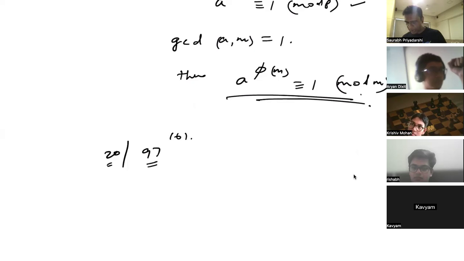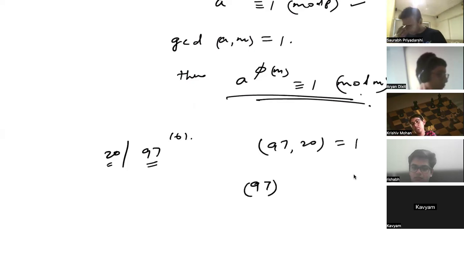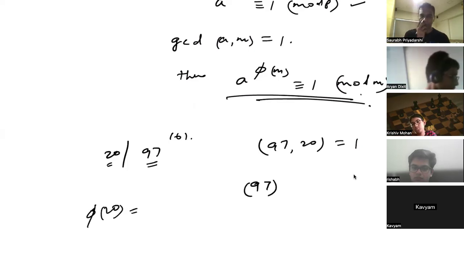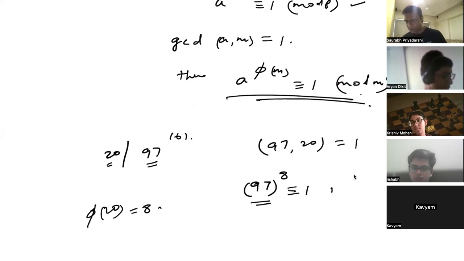When we take the numbers 97 and 20, the GCD is coming as 1. So I can say 97 to the power phi of 20. What will phi of 20 be? 8. So the formula gives 97 to the power 8 is congruent to 1 mod 20.